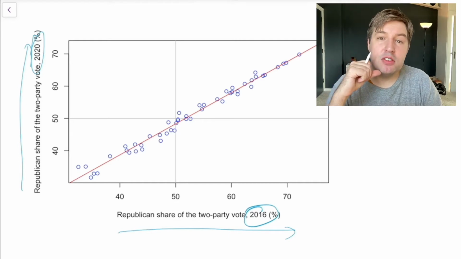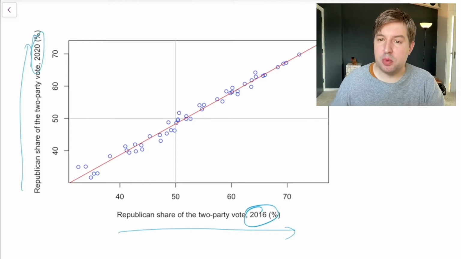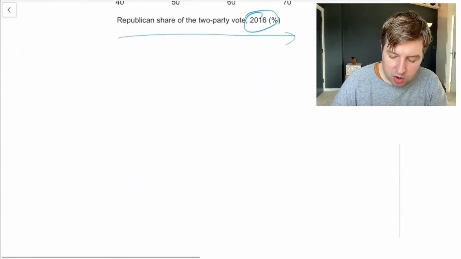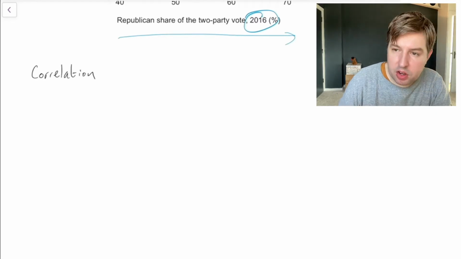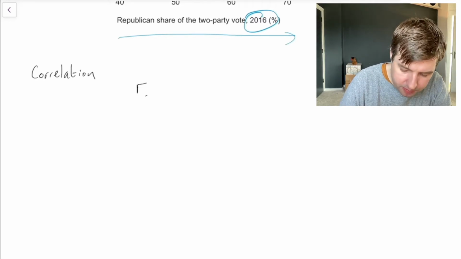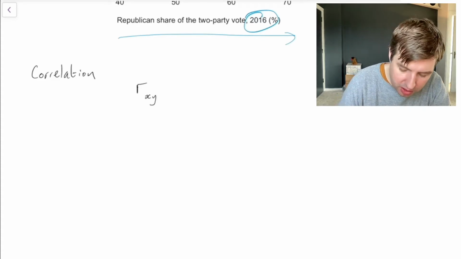So drawing this scatter plot tells us something useful about the relationship between the two variables. There's also a related summary statistic that tells us whether there's a good linear relationship between two variables. And that summary statistic is known as the correlation. The correlation is normally called R. I'll call it Rxy because it's the correlation between two variables, x and y.